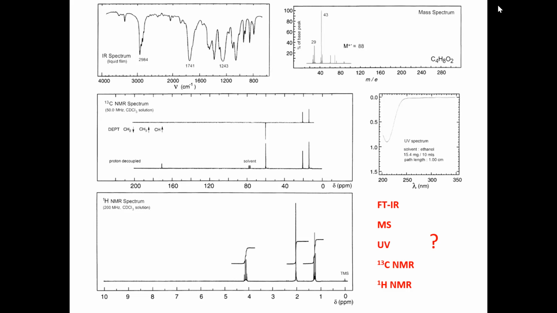It is ethyl acetate. If you have ethyl acetate, you have this combination. You have the singlet, which is the methyl group next to the carbonyl. You have the ester group. You don't have aromatics. Everything matches with the ion.